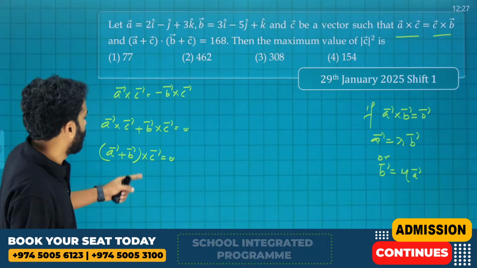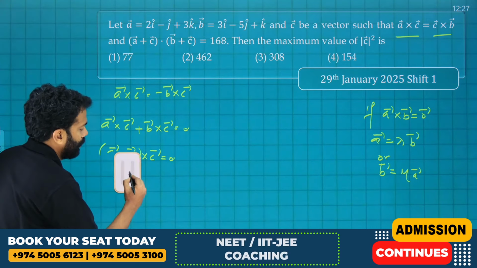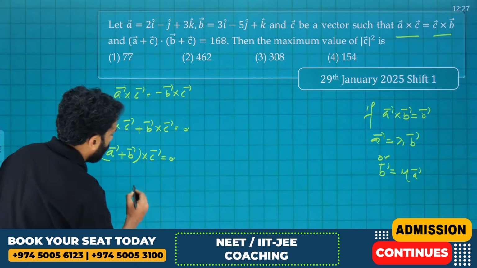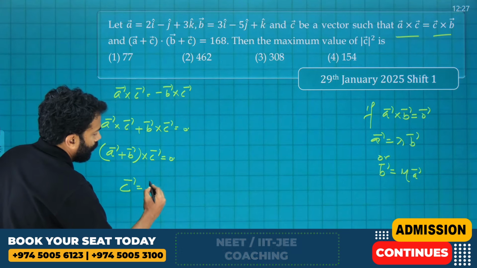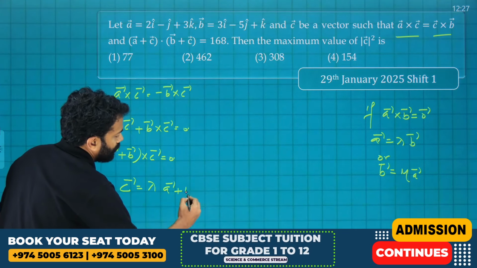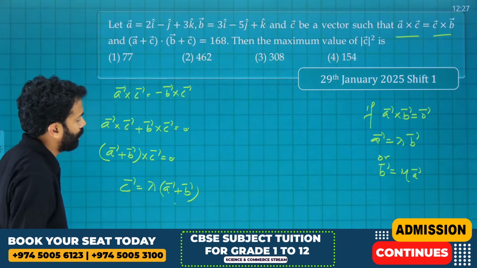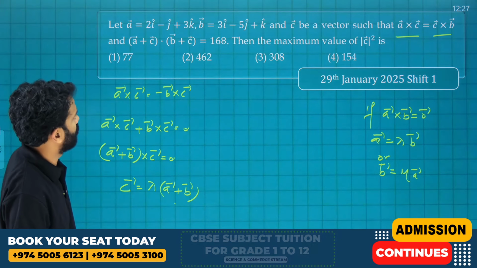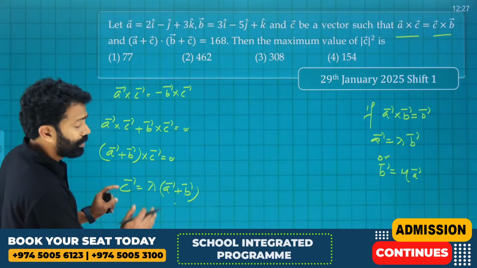Therefore, here I am representing vector C as lambda into (vector A plus vector B). Okay, then I think this is done.